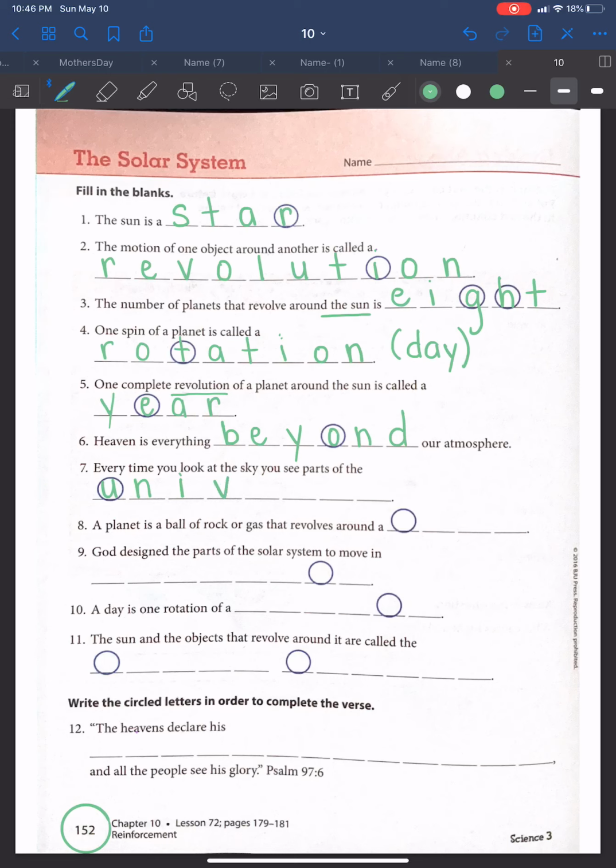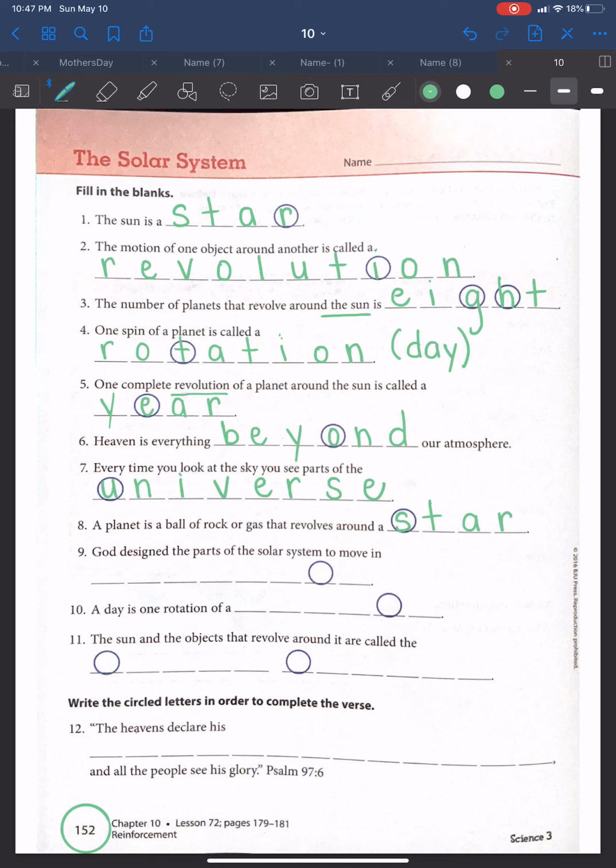Spell it right. Verse. A planet is a ball of rock or gas that revolves around a what? Notice there's 4 lines. You probably wanted to say sun, but then you were like, well, there's 4 lines. Again, what is the sun? Great job. It is a star.